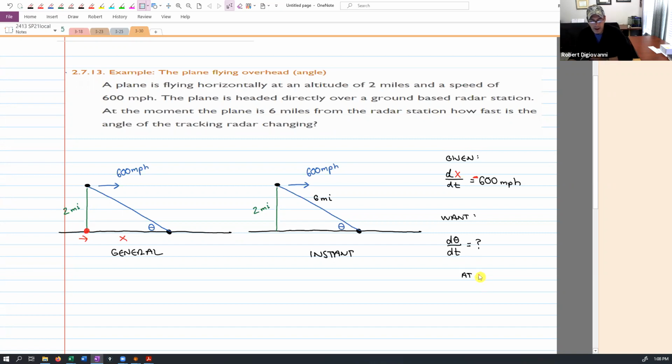At the moment that the plane is 6 miles from the radar station, right? Okay, I'm going to have to label this then. Let's go ahead and call the hypotenuse h of this triangle. And that way, when I come over here, I can say at h equals 6 miles. Any questions?